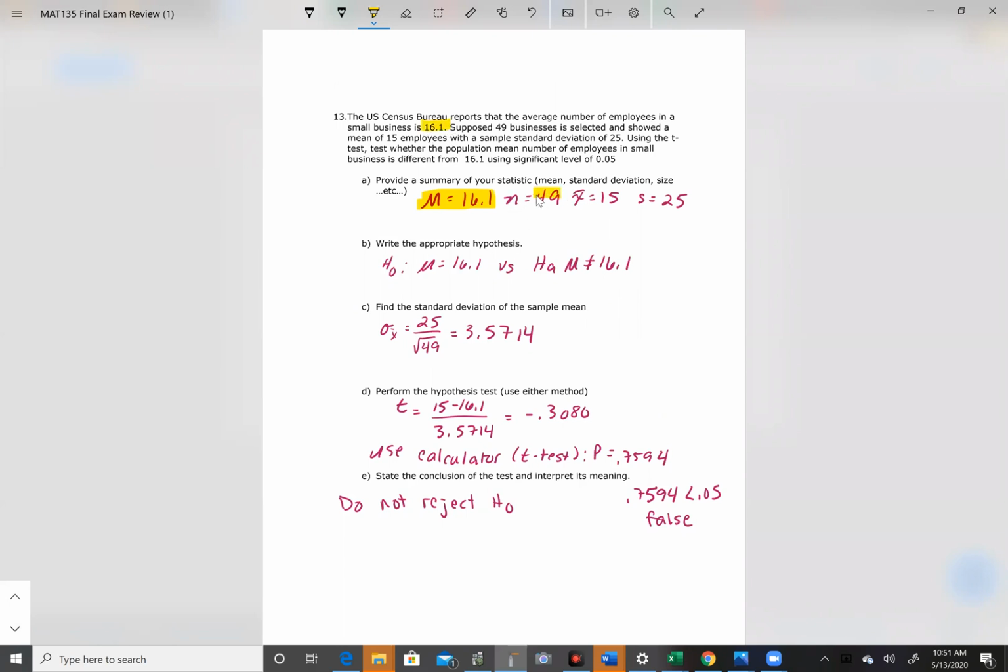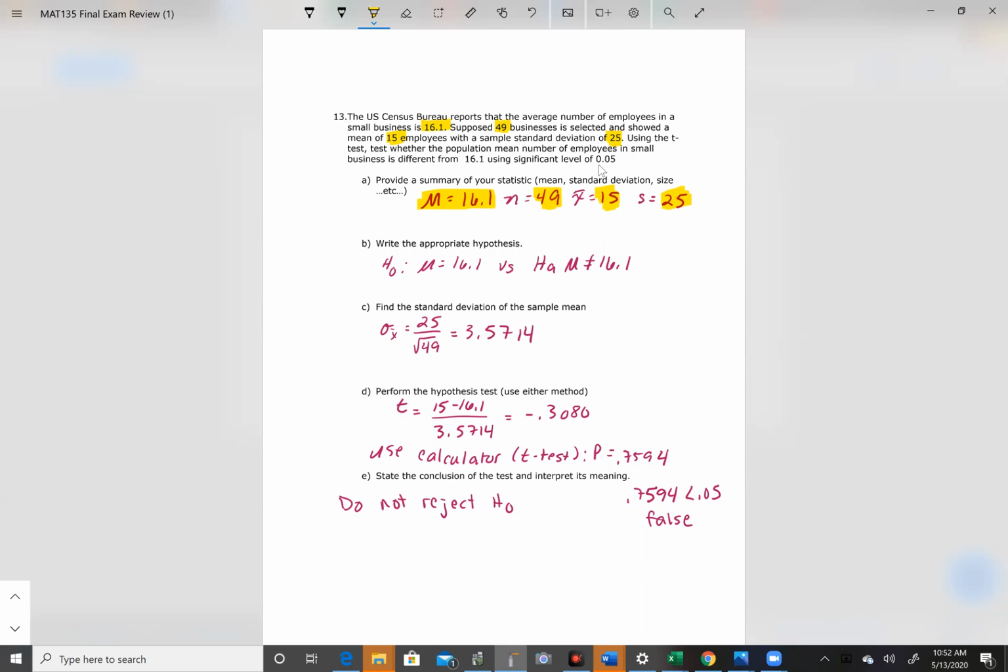Our N, 49 businesses are selected to do our testing and showed a mean of 15 employees. So our X bar is 15. And our sample standard deviation is 25, okay?